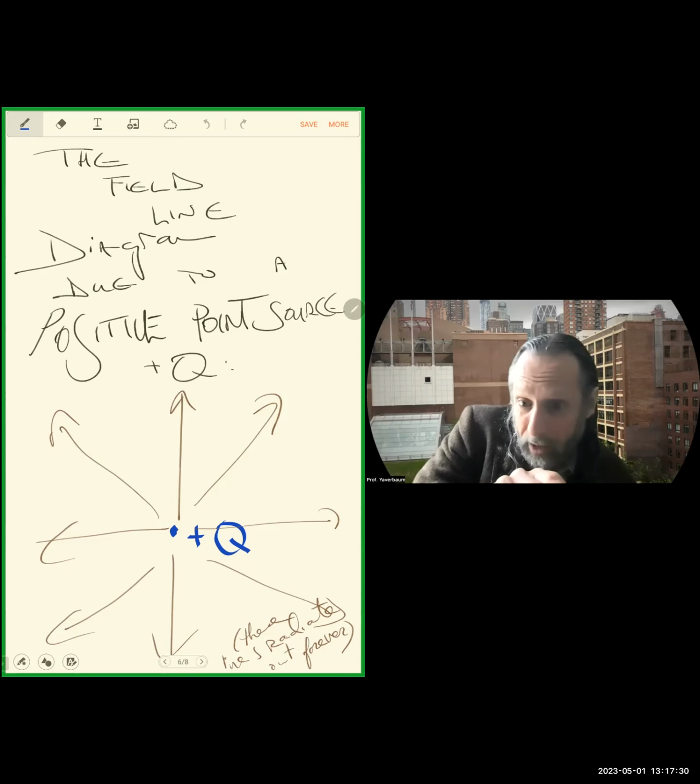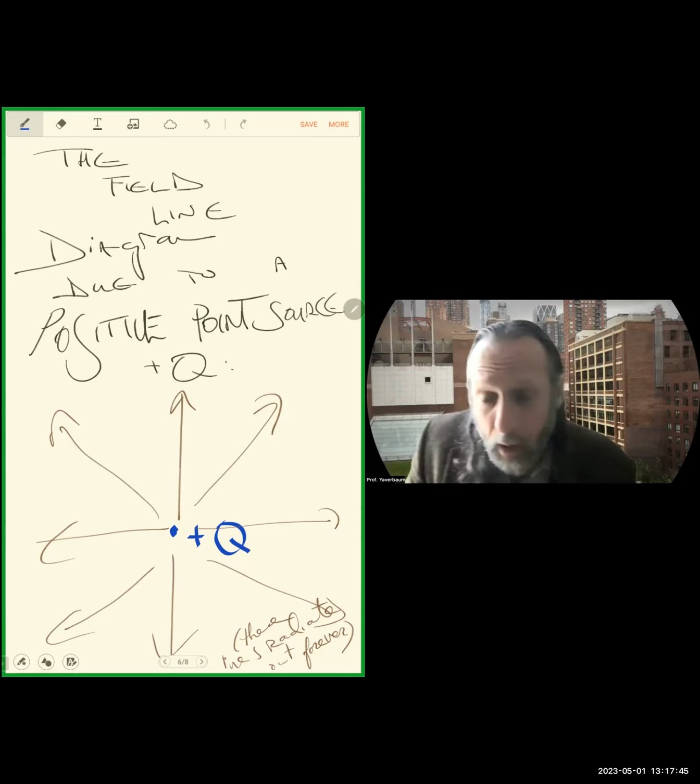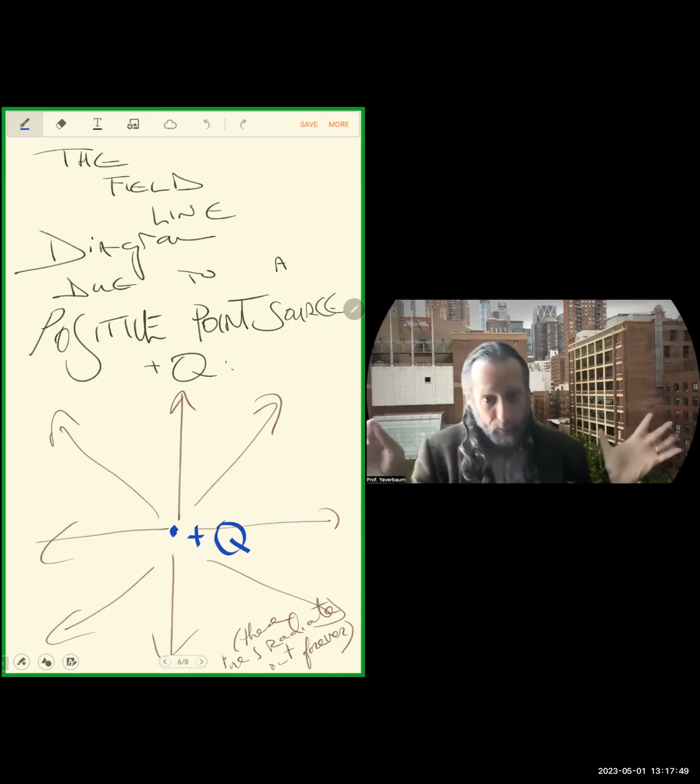They're fairly crowded. There's a comparatively high number of lines per unit area on the page that I drew this representation. And as you get farther and farther out, the lines are spread out more.